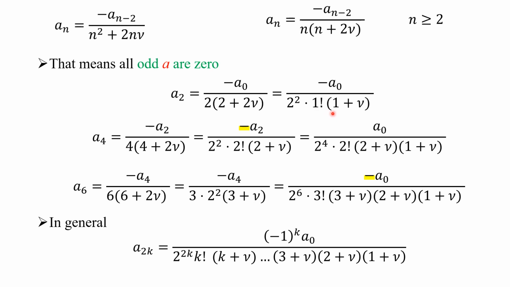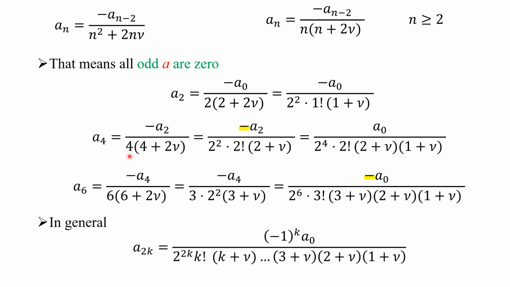So now A4, you find the A4. Naturally, A3 is 0. Now you substitute 4 here for n. So in the numerator, you will have n minus 2, that is 4 minus 2, 2. Here n is 4, 4 plus 2ν.